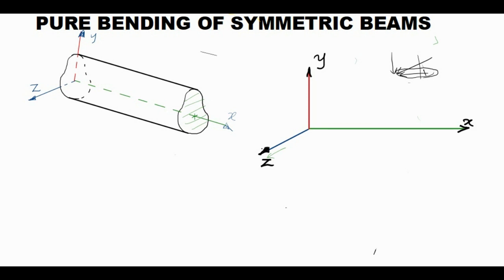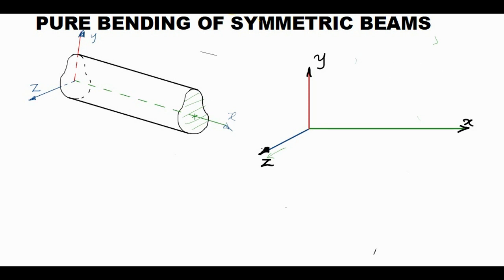But in the case of pure bending, we assume that for a beam to be under pure bending, there should not be any lateral loads. There will not be any lateral forces. The bending should be only due to couple moments. So here we will not have any forces.